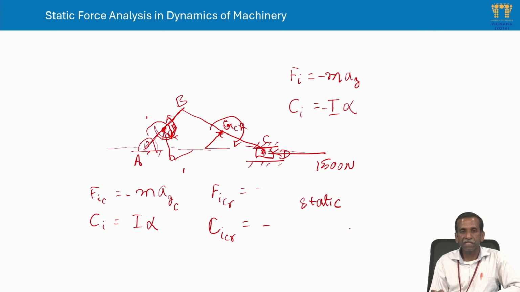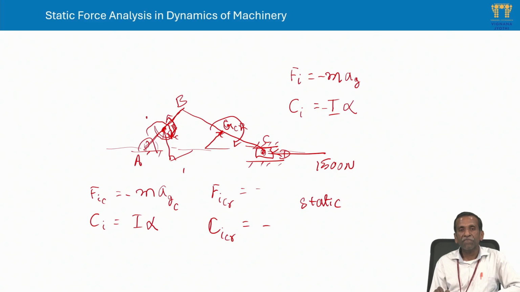When you consider this analysis, it is dynamic force analysis. I think you are able to understand that in static force analysis, you need not get any inertia forces or inertia couples of any link in the mechanism. Simply from the given force, you can find the required quantity.